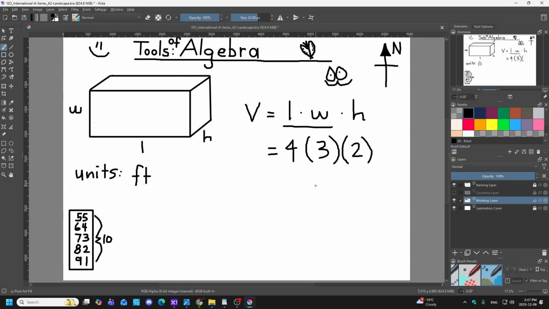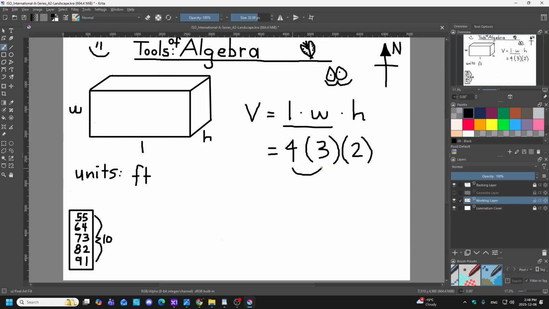Now, this being multiplication, it doesn't matter the order that you multiply values, you're still going to end up with the same answer. I could go 4 times 3 first, or 4 times 2 first, or 3 times 2 first, and so on.